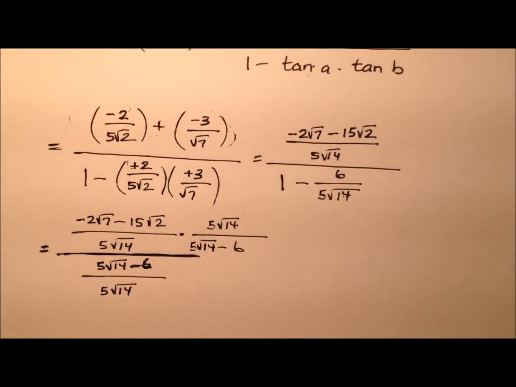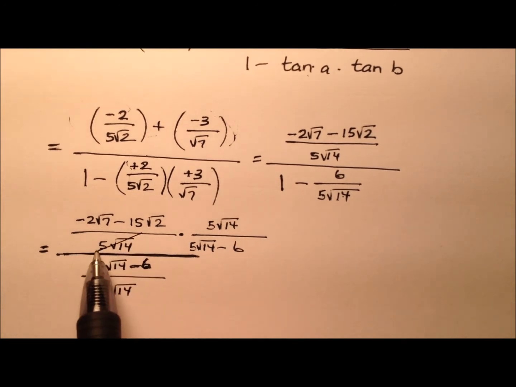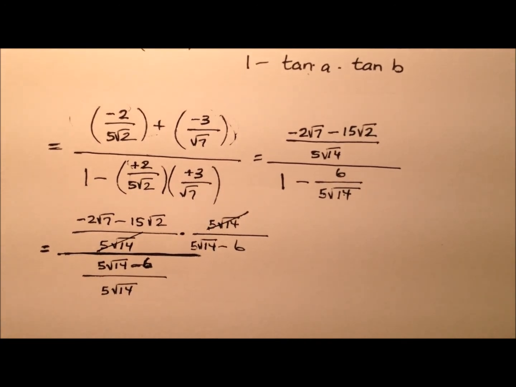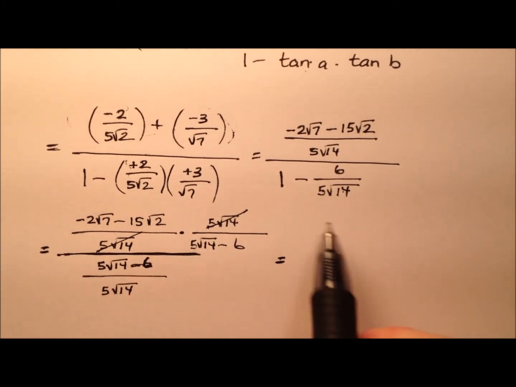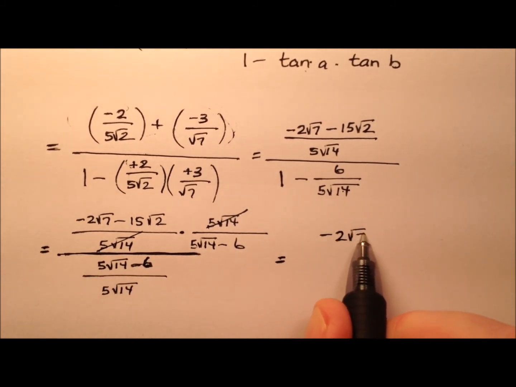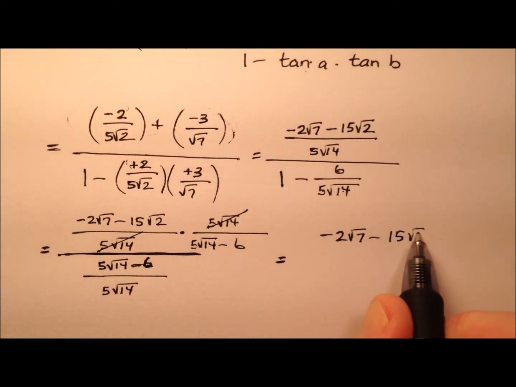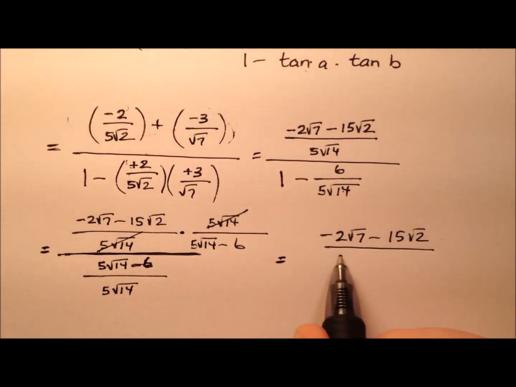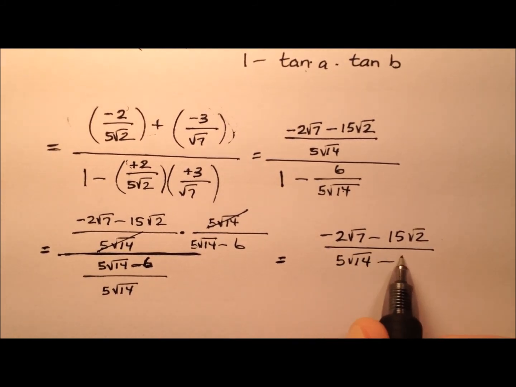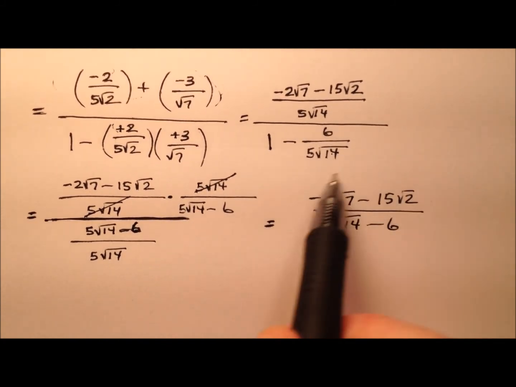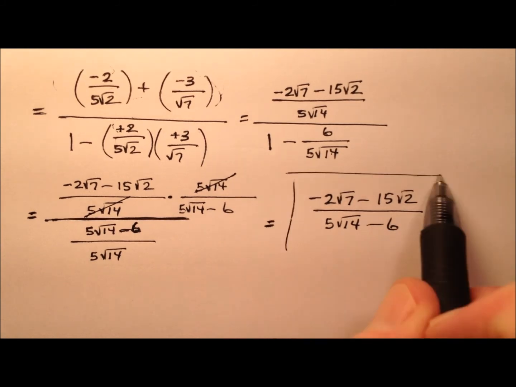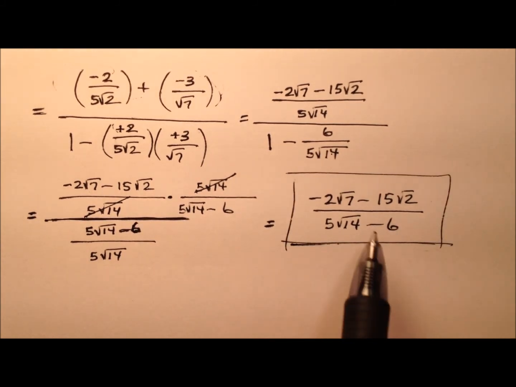Okay, so this is probably the best part of the whole problem, is that these cancel and it only gets ugly from here. Okay, so we have our numerator, negative 2 radical 7 minus 15 radical 2, all over 5 radical 14 minus 6. If you're one of those people who wants to leave it just like that, more power to you. This is beautiful. And this is the answer, and this is great.